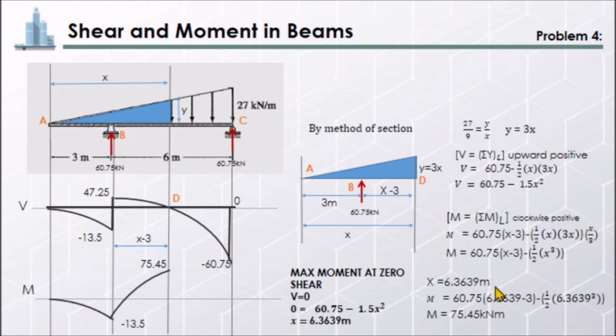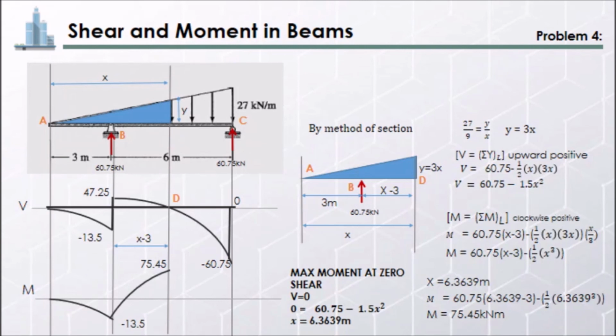So, we have V is equal to 60.75 minus 1/2 of the base x multiplied by its height 3x. So, we have the first equation for shear: V is equal to 60.75 minus 1.5x squared.